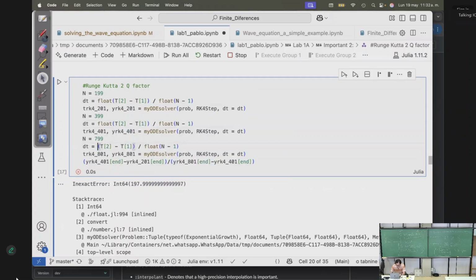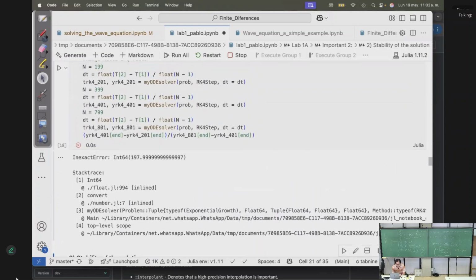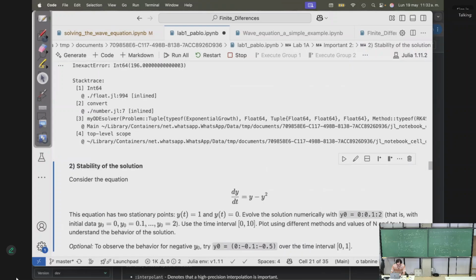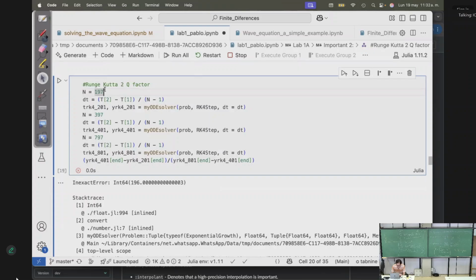I'm trying to trigger an error here, but not this error. Why isn't this working?